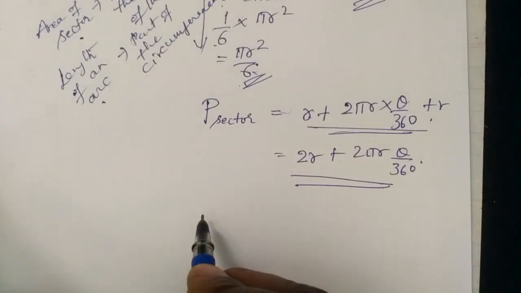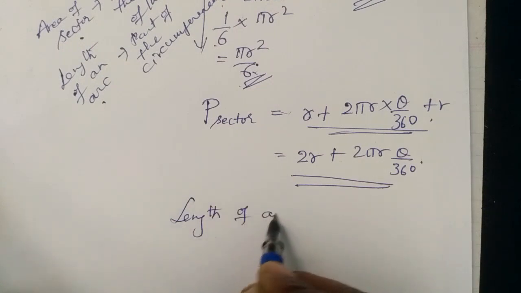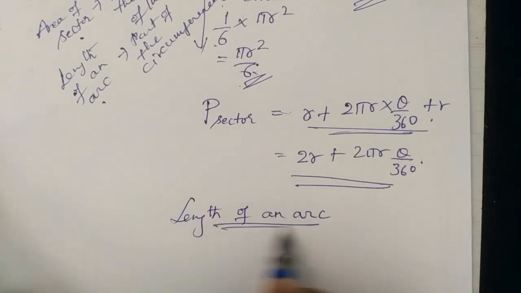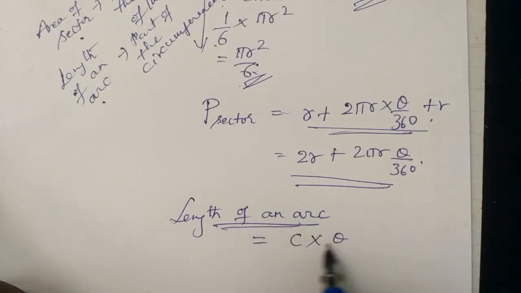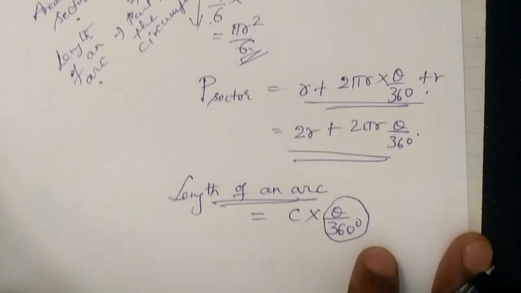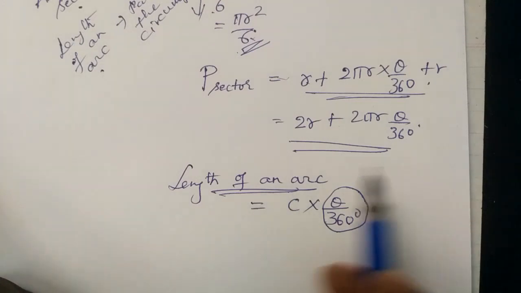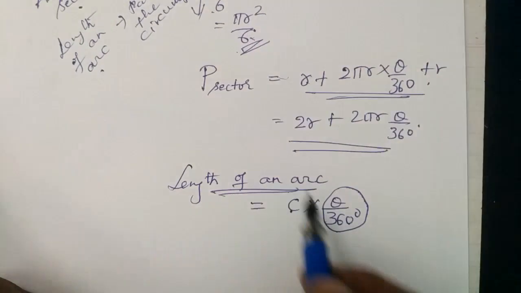So if you want to find the length of an arc, remember, arc is part of the circumference. So we take the circumference into theta by 360. This theta by 360 means it is one part of the total area or circumference. Circumference is the complete one round.